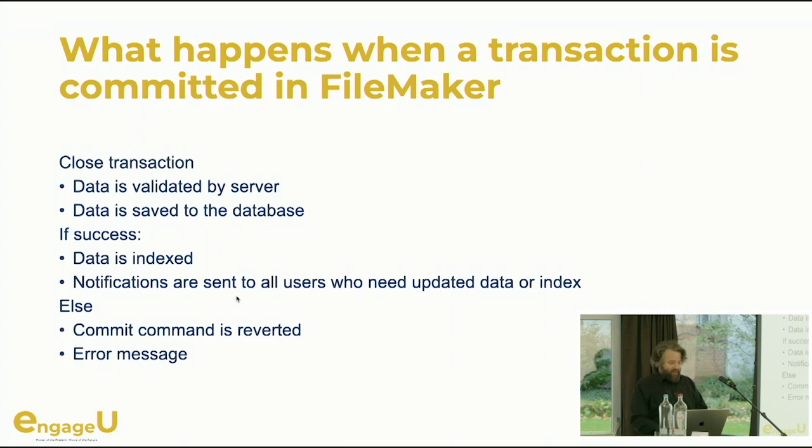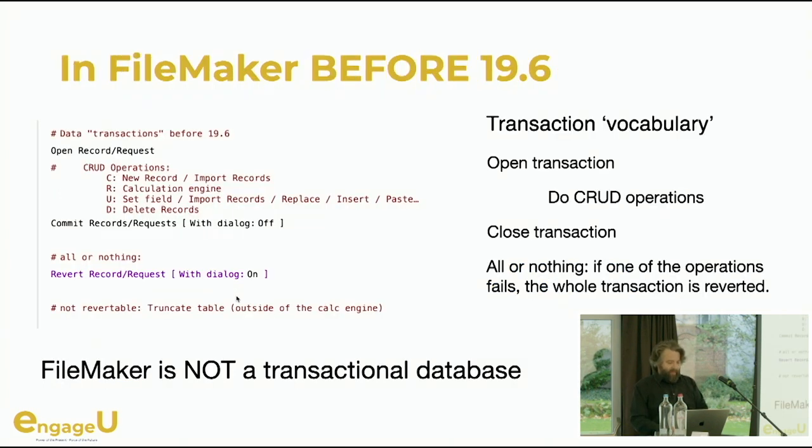If now we go, I just copied the first slide I showed, on the right, as a reminder, and how it translates in FileMaker. Well, this is not true, by the way. Open Record was introduced later on, but it's an old thing still.